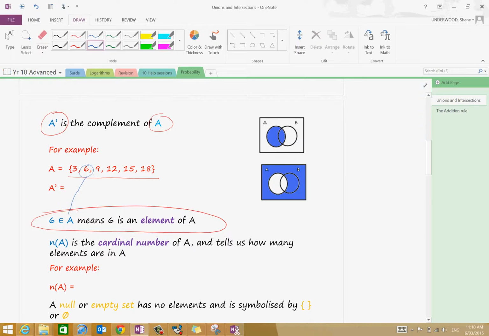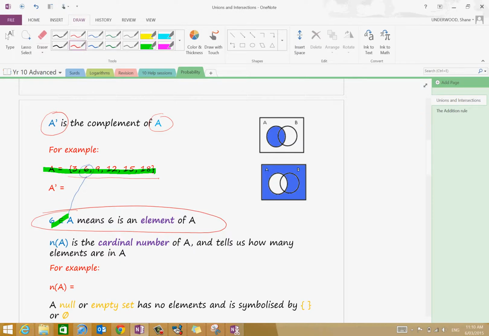Can you see that? Now, an important symbol is this thing here, the element. 6 is an element of A. That's what it means. Now, the number of A. What is the number of things, or number of elements in this set A?